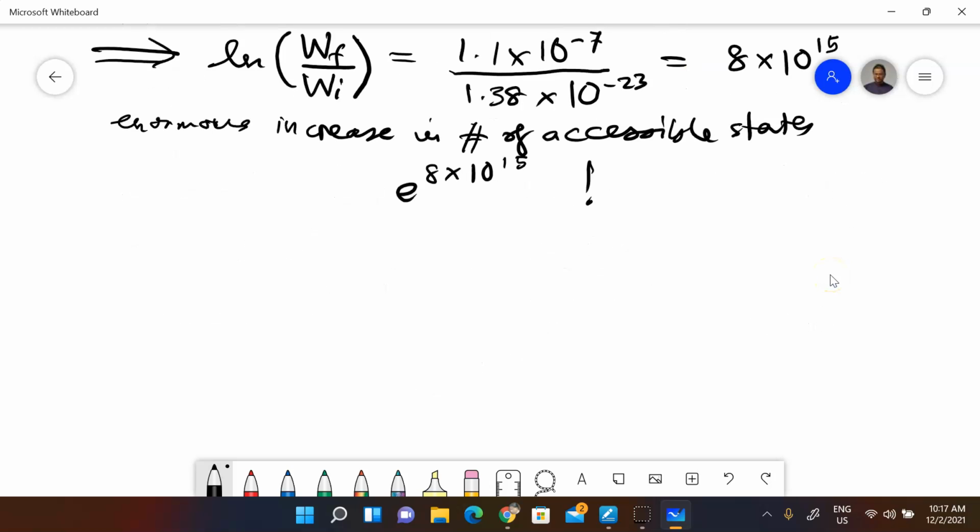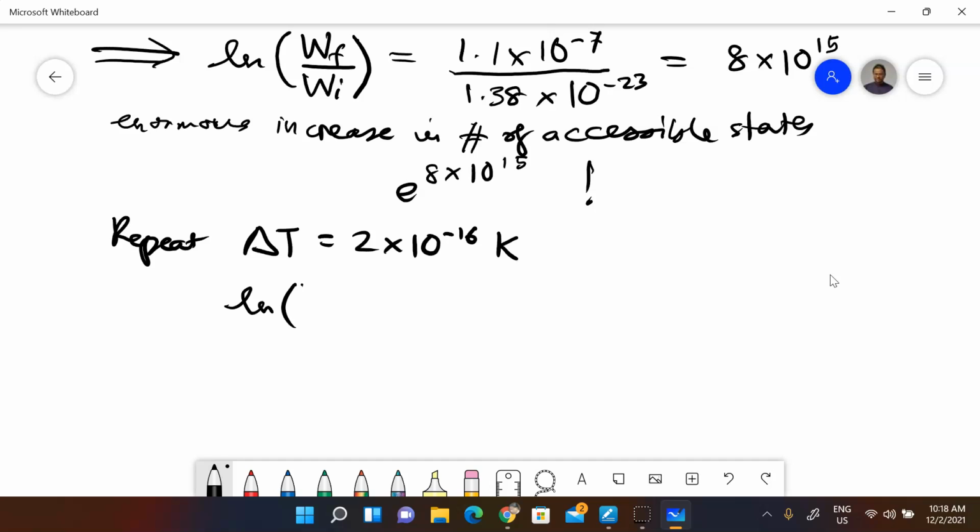Okay, so let's repeat the calculation for the case where the difference in temperature between A and B is much smaller. Just now it was 0.2 Kelvin. Now let's make the difference in temperature about 2 times 10 to the minus 16 Kelvin between system A and system B. And then again do the same calculation, log Wf over Wi.